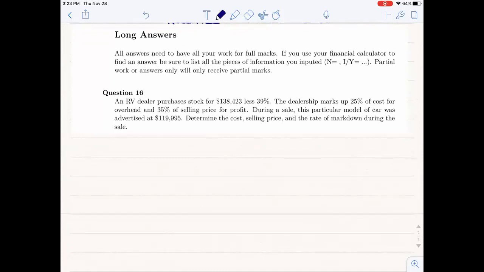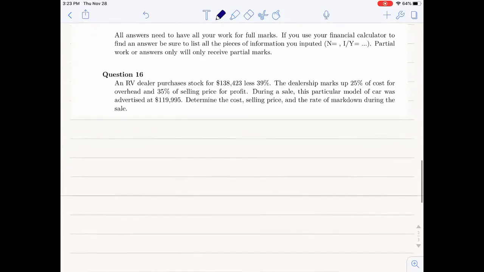All right, here we go. Remember these? Yikes, in a while. An RV dealer purchases stock for $138,423, less 39%. The dealership marks up 25% of cost for overhead and 35% of selling price for profit. During a sale, this particular model of car, I don't think it's a car, I think it's an RV.